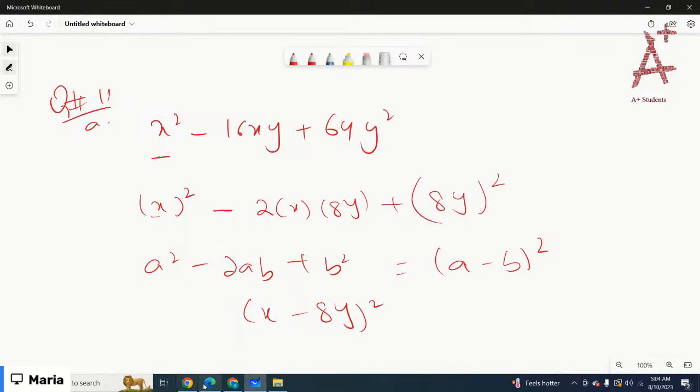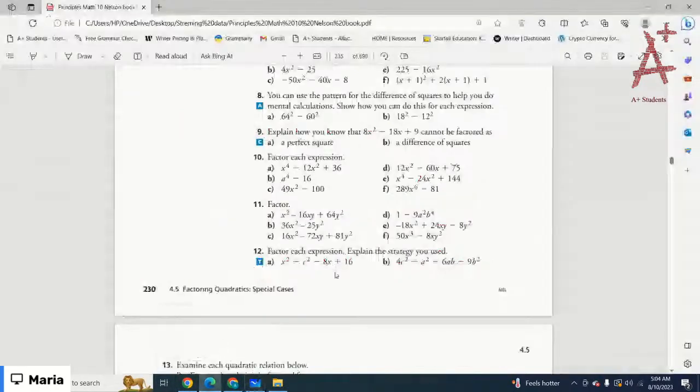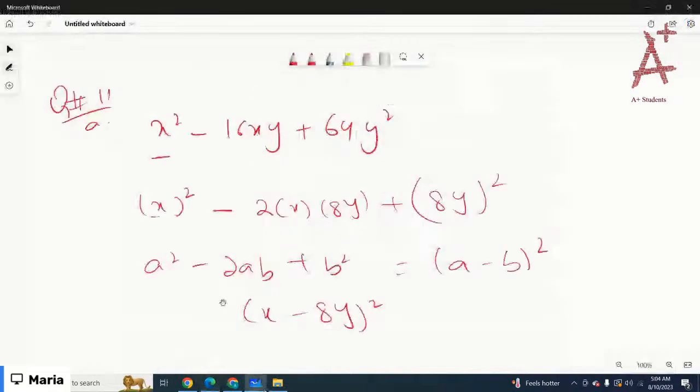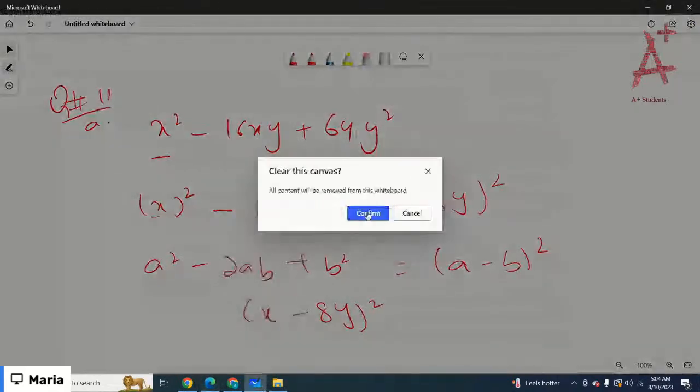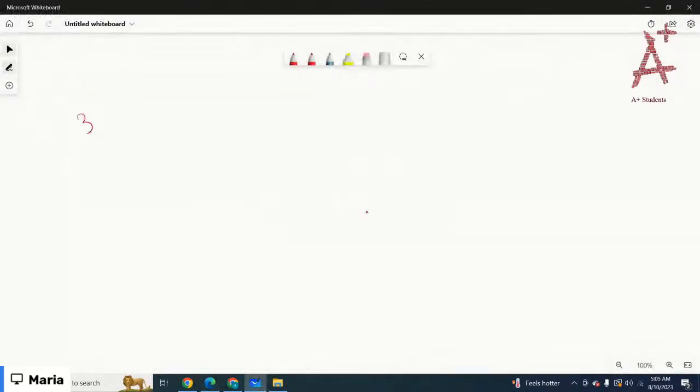Okay, the next one is 36x square minus 25y square. So you have to factorize, right?